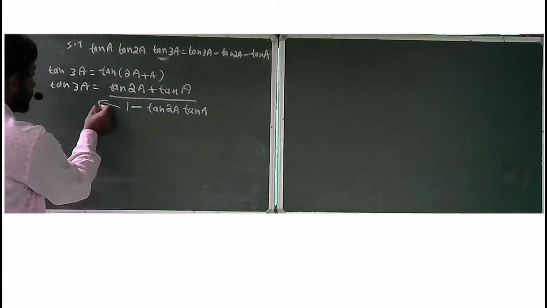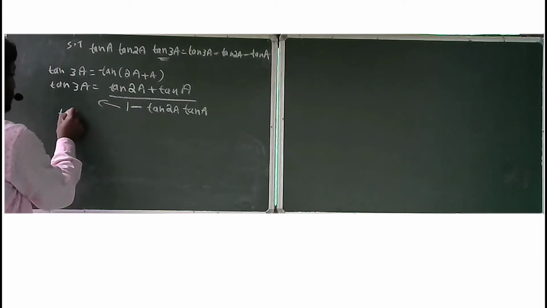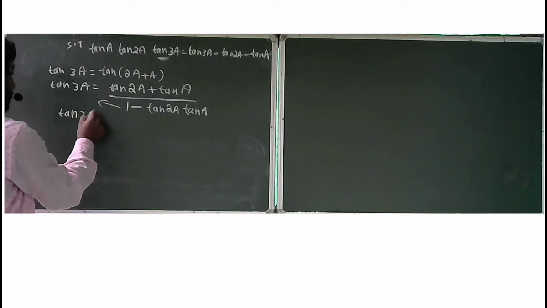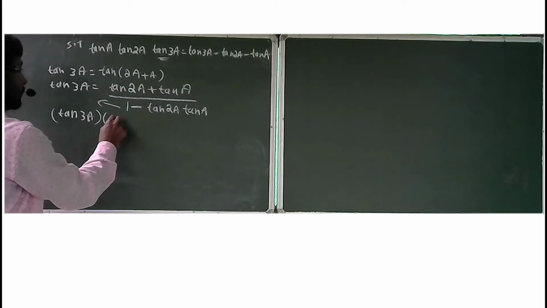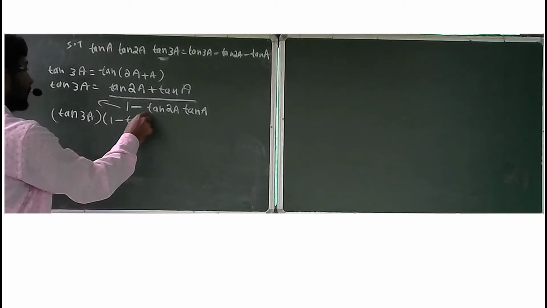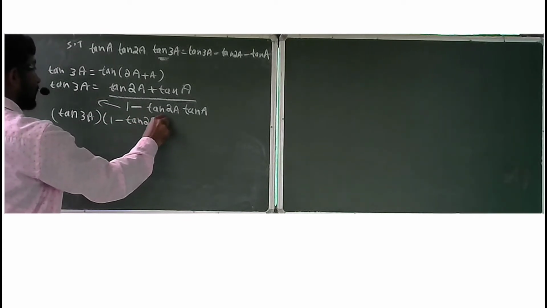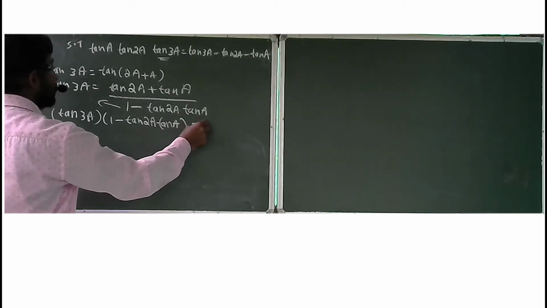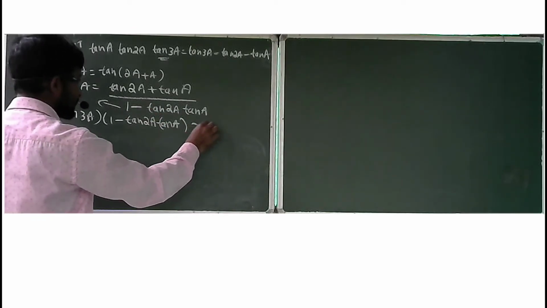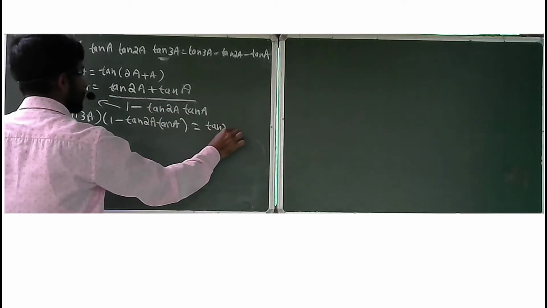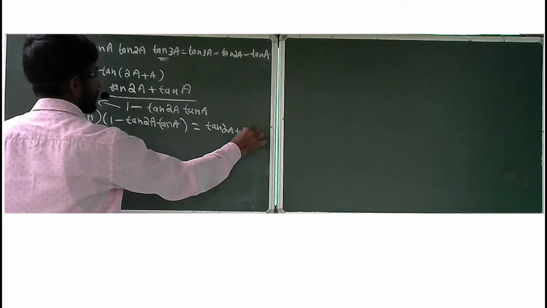Multiplying the denominator to the LHS, you will get tan 3a into 1 minus tan 2a into tan a is equal to, the remaining term in the RHS, tan 2a plus tan a.